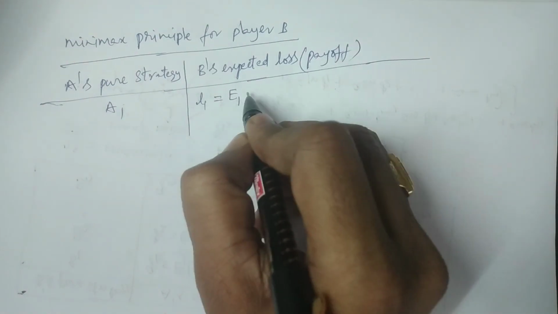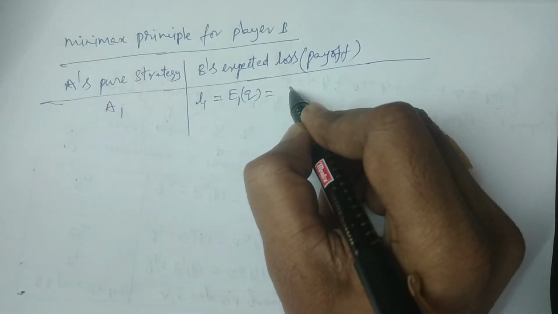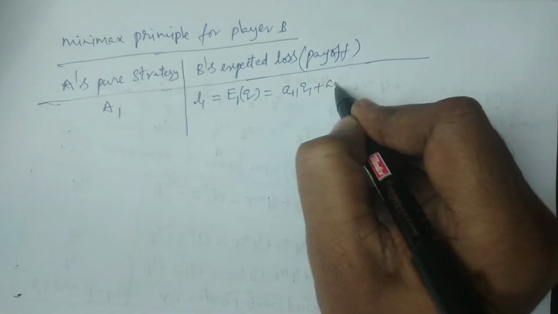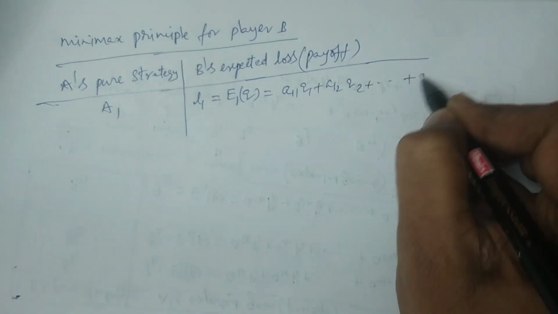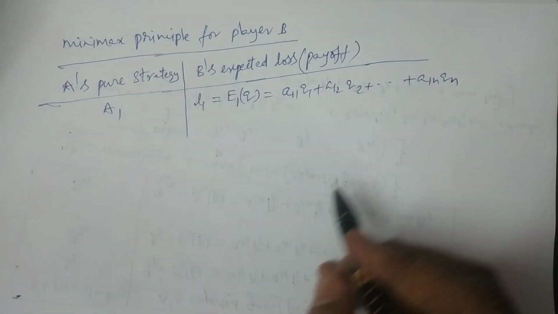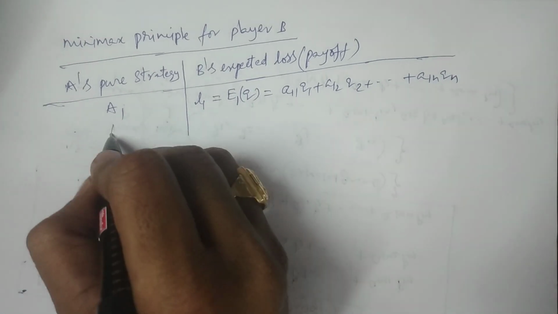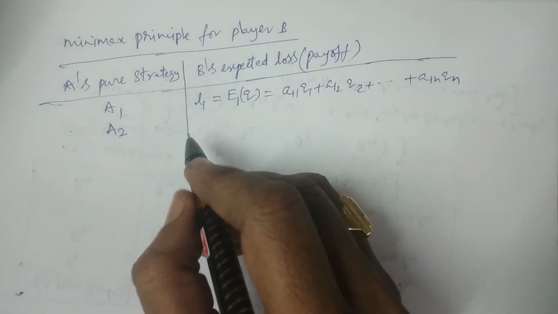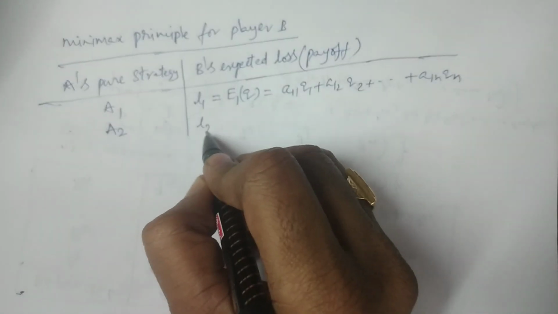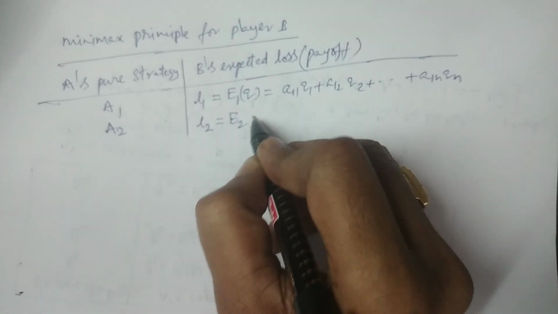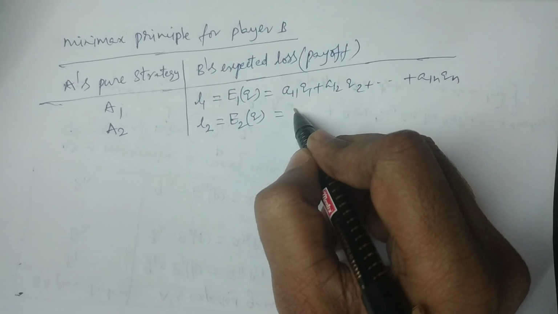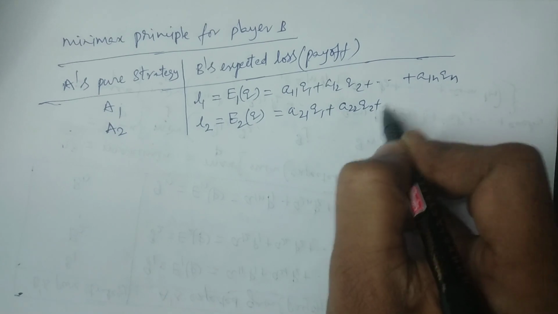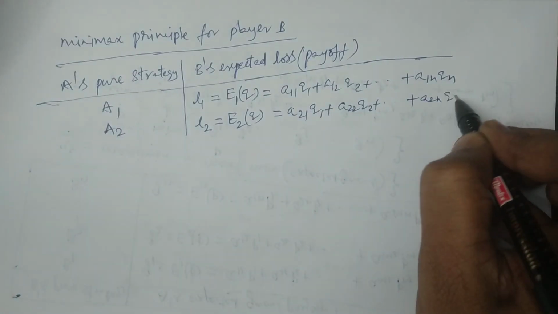It is also represented by E1Q, which is equivalent to A11 Q1 plus A12 Q2 plus and so on plus A1n Qn, as I just explained from the matrix. Similarly, if player A plays the strategy A2, then the expected loss for player B, let it be L2, is E2Q, equal to A21 Q1 plus A22 Q2 plus and so on plus A2n Qn.